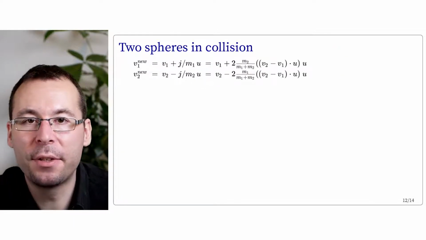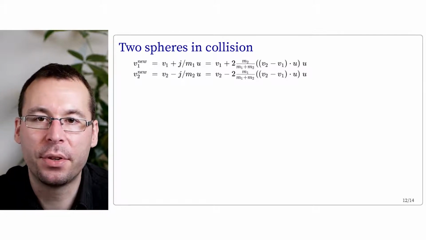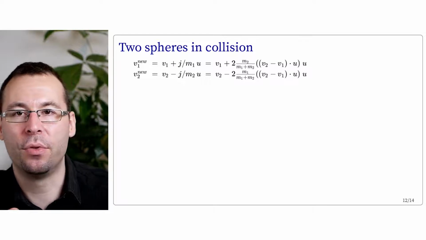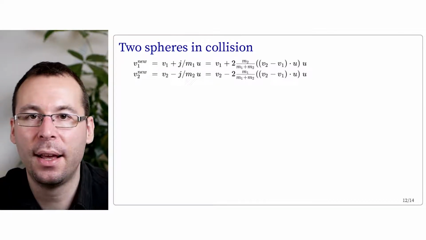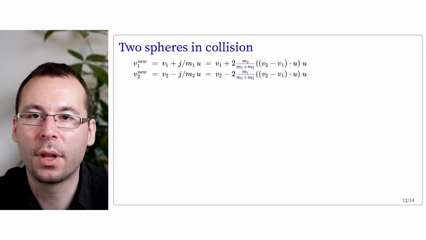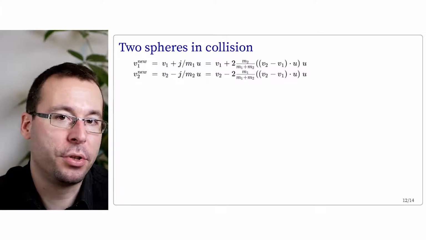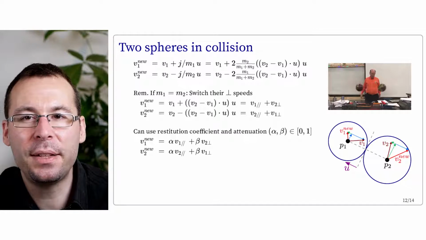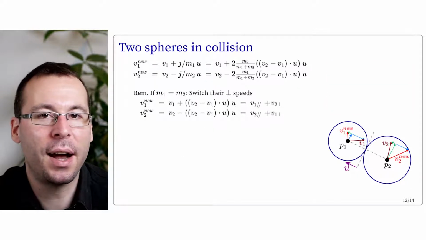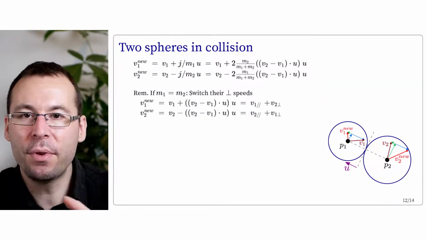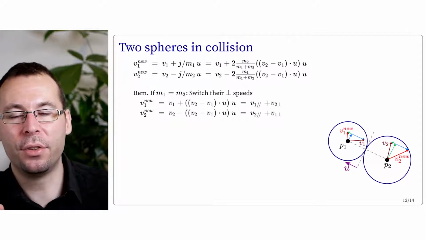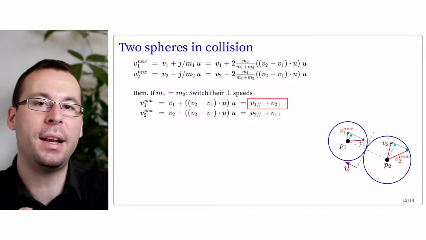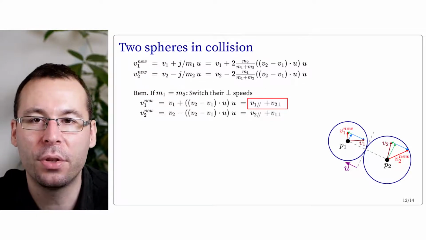So we can finally express the new velocity of the particles, and we see that the influence of the mass is taken into account thanks to this notion of reduced mass and the relative velocity. Otherwise, the formula is not trivial. Things get interesting to interpret if we consider that the particles have the same mass. Then we end up with the relation that the new velocity v1 is equal to v1 parallel plus v2 orthogonal.